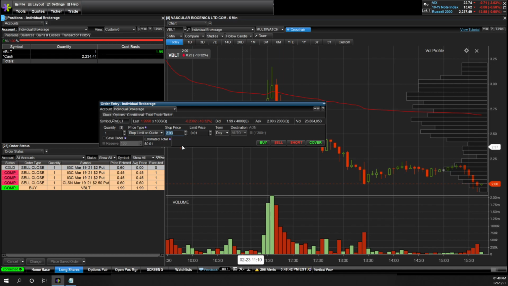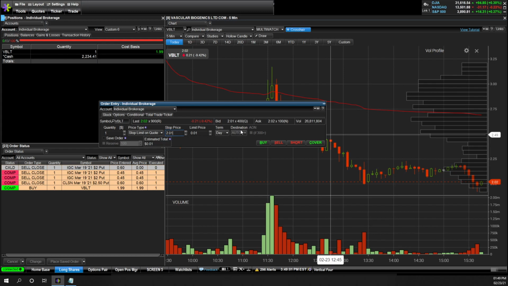There are rules. Like for a buy order, your trigger price has to be above the current price, and for a sell order, your trigger price has to be below the current price.